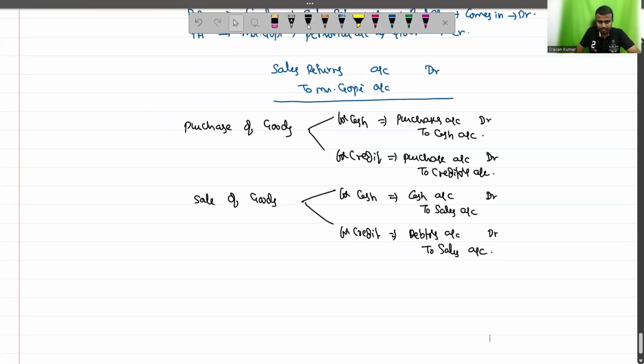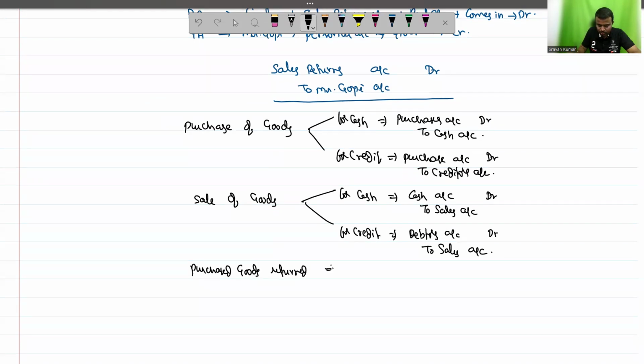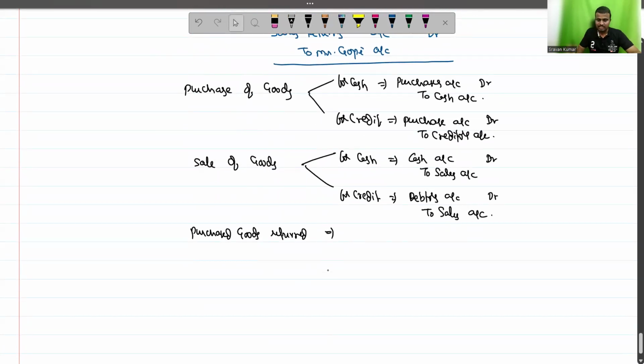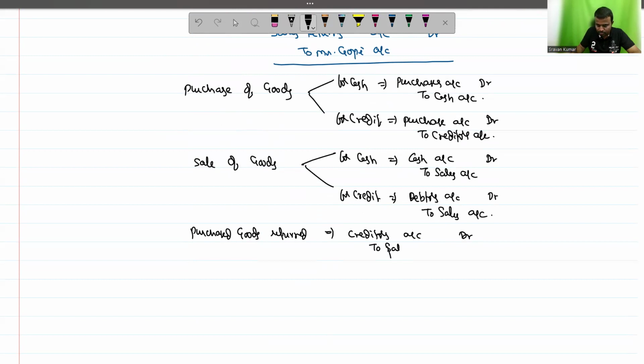And the next one, purchased goods returned. Who returned the goods? That goods returned to the supplier. Then we write the journal entry: creditors account debited to purchase returns account.